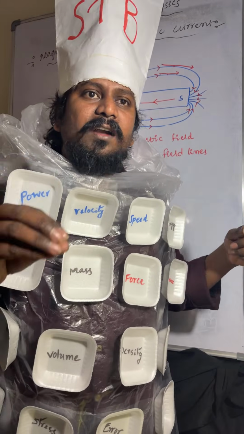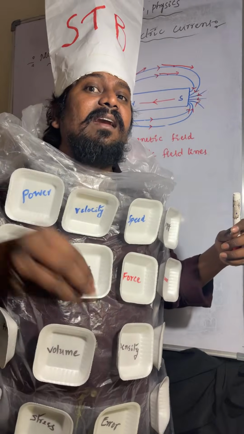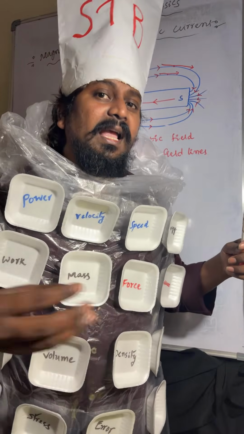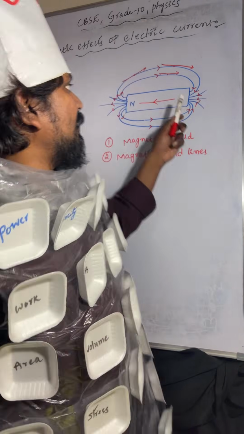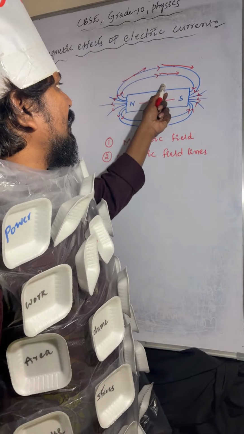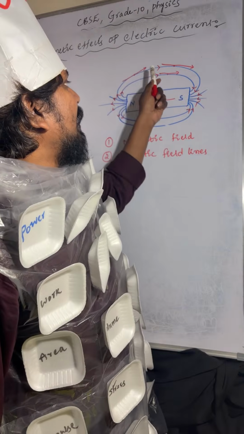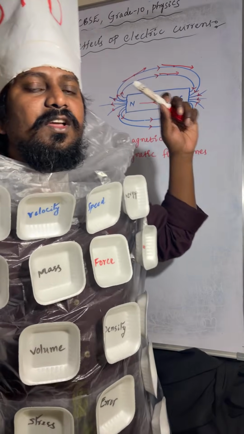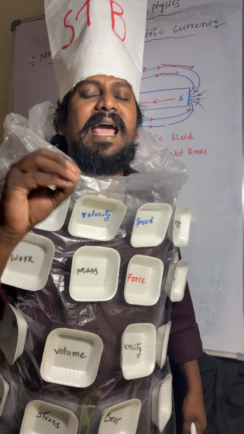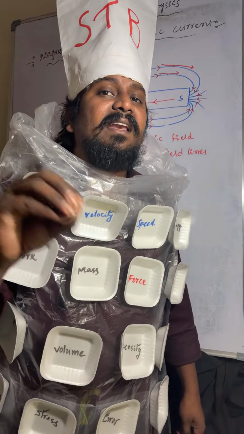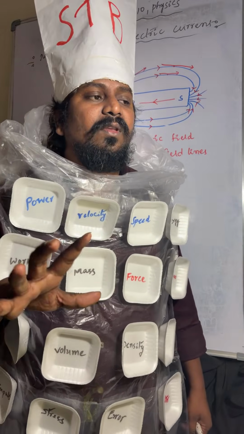But I want to know the magnetic field direction at a particular point, which means you have to draw the tangent to the magnetic field line.